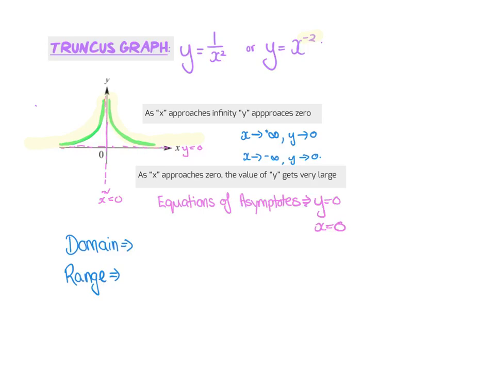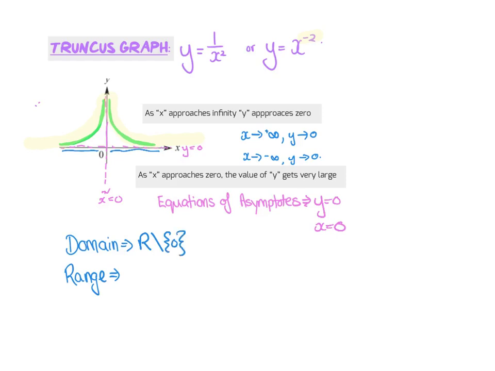If we look at the domain, the domain is what values x can take on. And if you have a look, it takes on everything but 0. So we can call that the real field excluding 0.